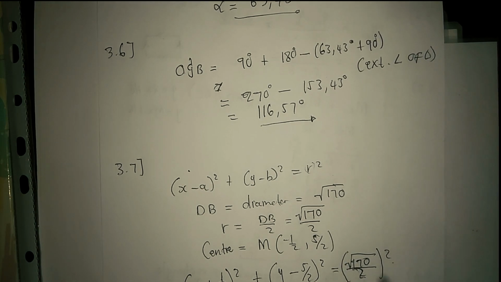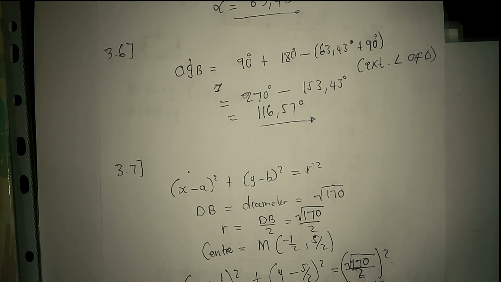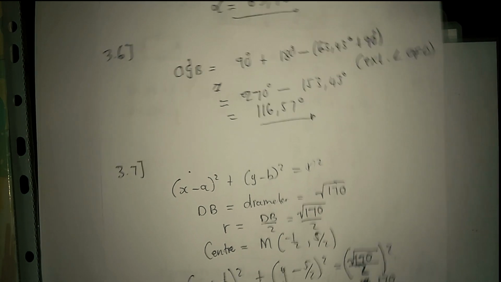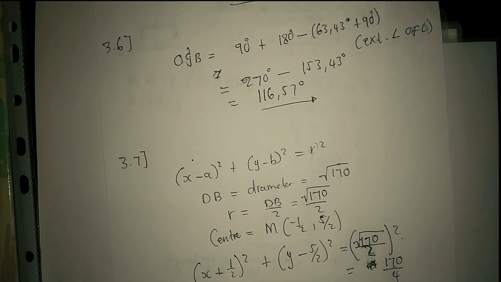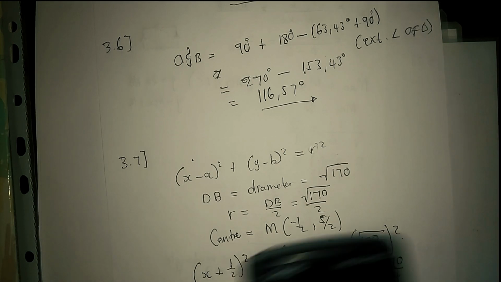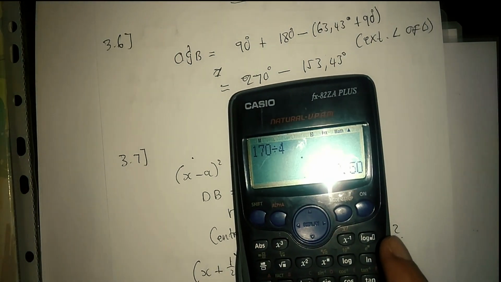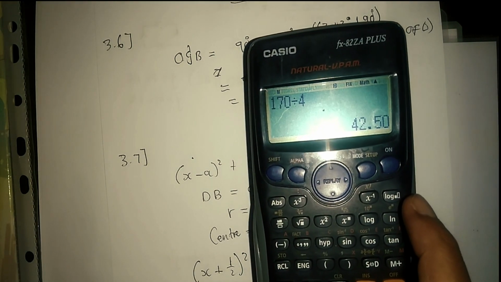As we solve again, the square root goes away, so 170 divided by 2 squared is 4. 170 divided by 4 is what? 42.5.